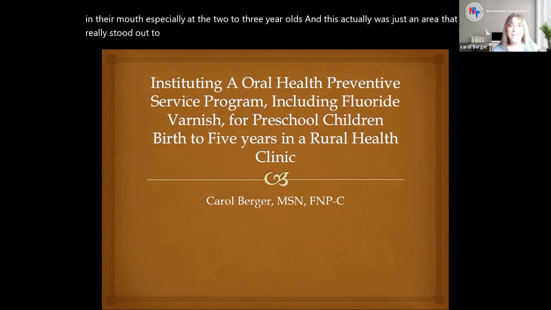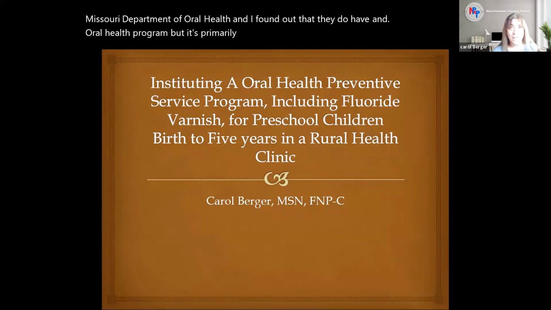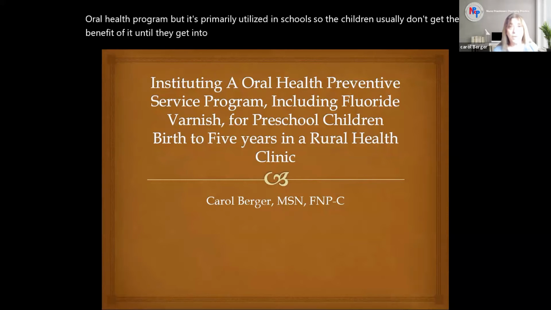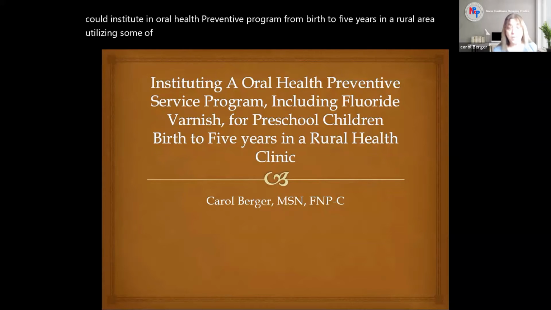So what I did was I contacted, and I'm in Missouri, I contacted the Missouri Department of Oral Health, and I found out that they do have an oral health program, but it's primarily utilized in schools. So the children usually don't get the benefit of it until they get into schools. And so I started working with the people on how I could institute an oral health preventive program from birth to 5 years in a rural area, utilizing some of the tools that they used.